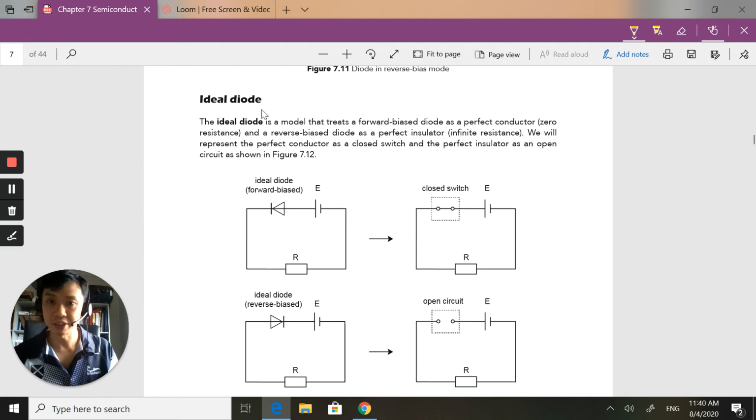What the ideal diode model does is that it treats the diode, when it is forward biased, as just a very simple short circuit, a closed switch. It closes the switch. So this is forward bias.